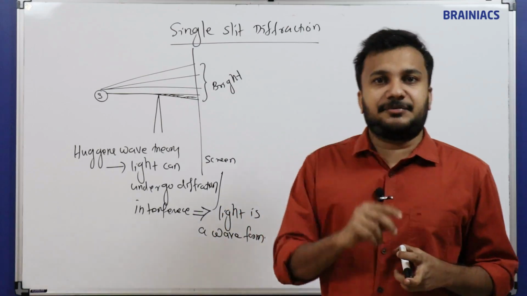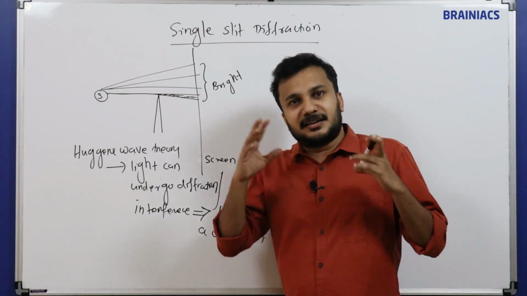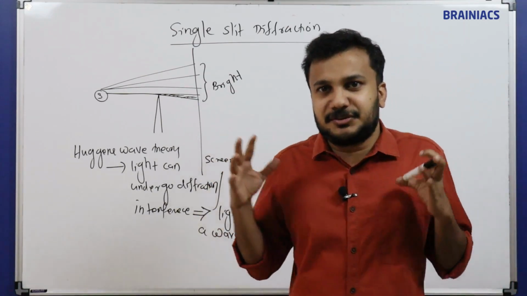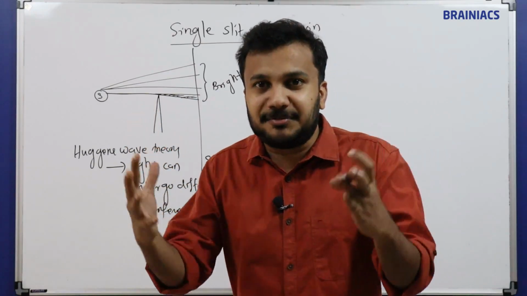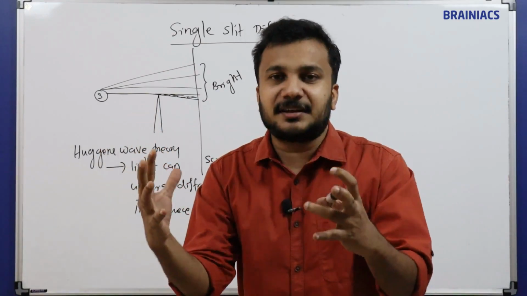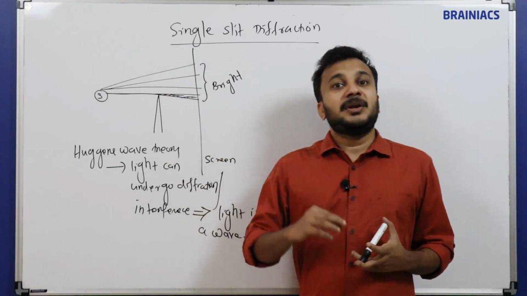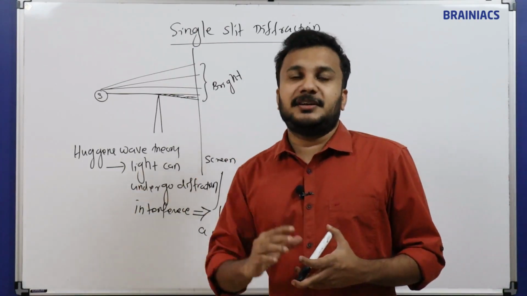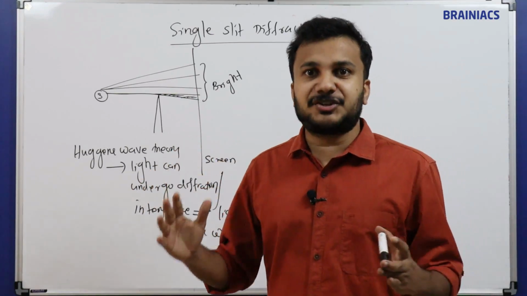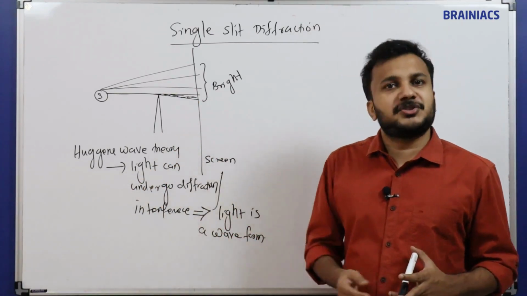Of course I will say interference, because with constructive interference and destructive interference, a simplified and more convincing postulate can be given only with respect to interference. Diffraction is also proving the wave nature, but compared to diffraction, interference is one or more steps above.